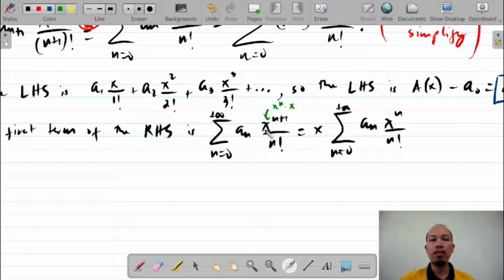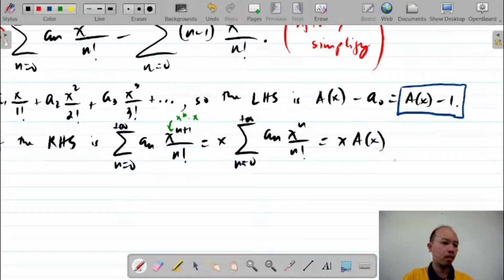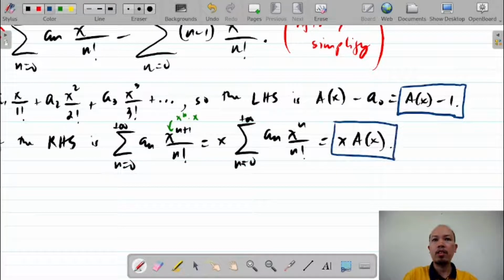If you try to expand this expression, there's a common factor which is x, so with this in mind, we can write this one as x a of x, because this expression, this one here, is a of x.